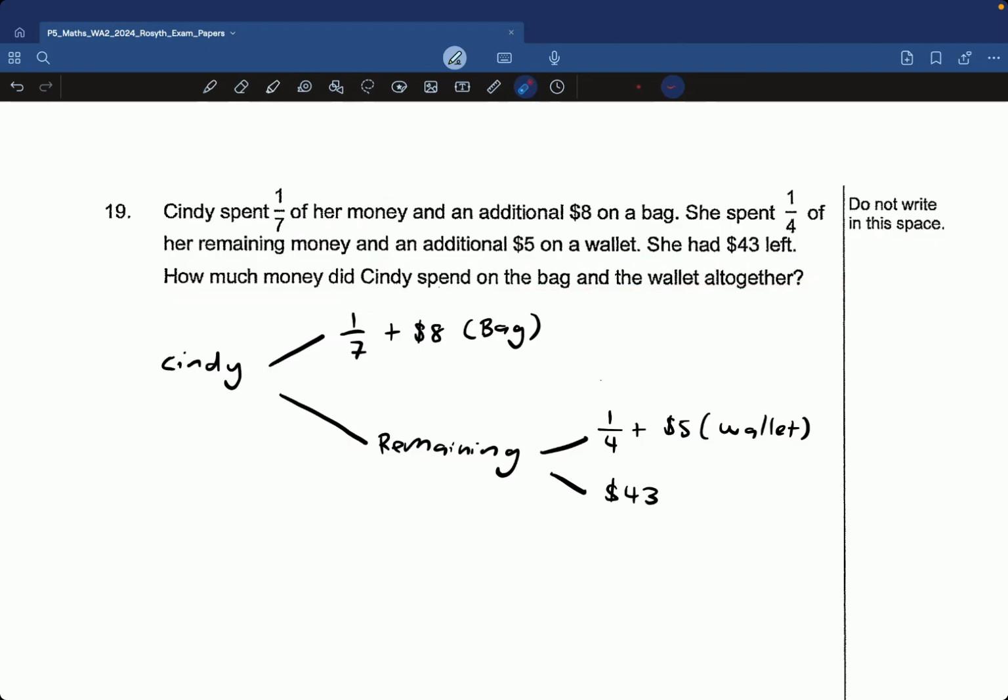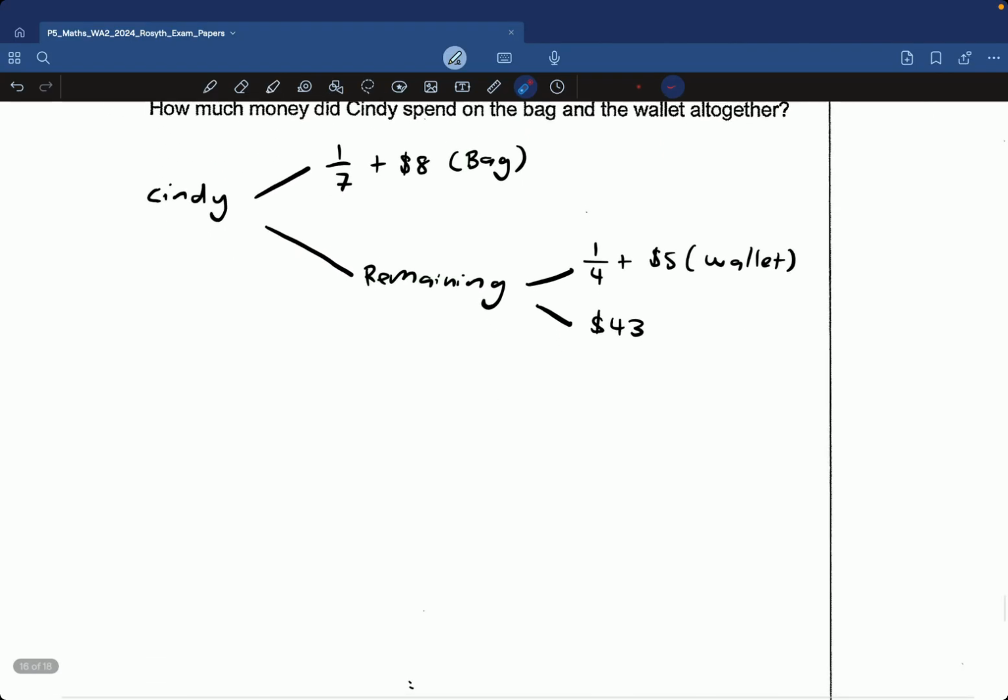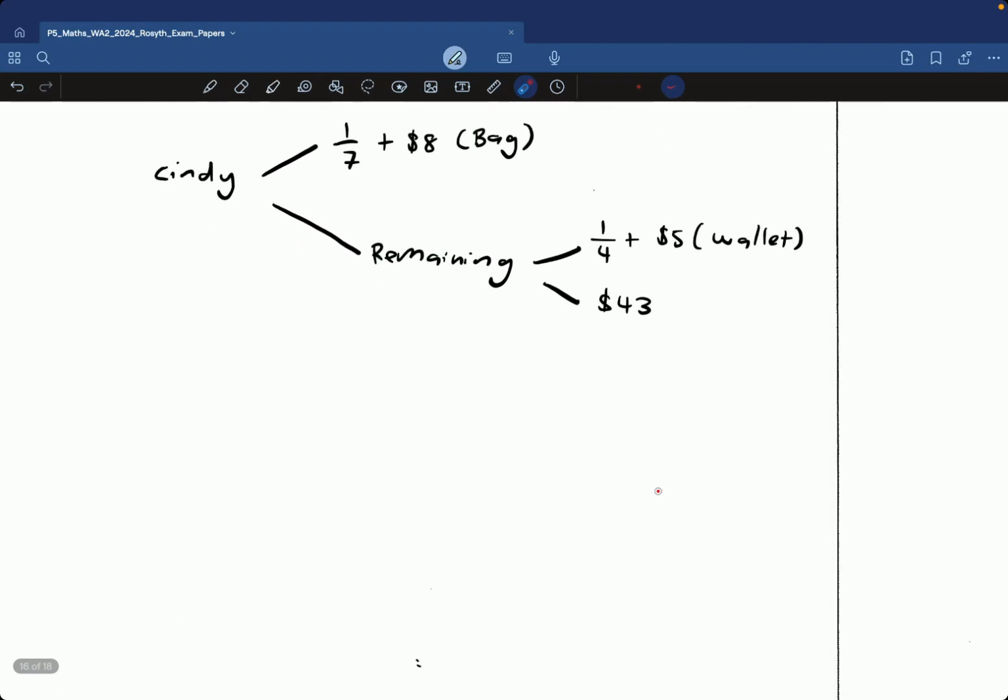In this case, we know that the remaining money is 1/4 plus $5 on the wallet, and the money she has left is $43. If the remaining money is one whole, then the wallet is 1/4 plus $5.